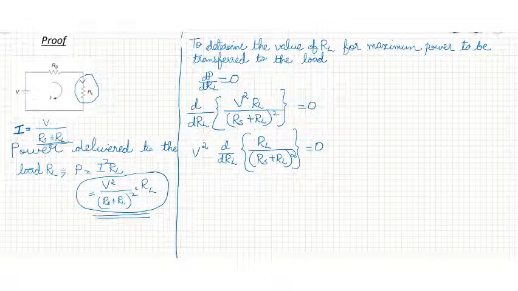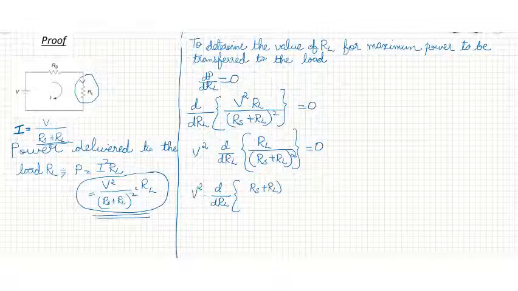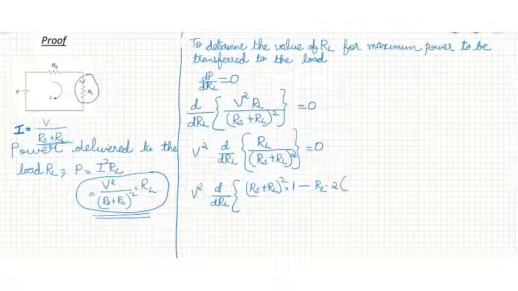Now we have to differentiate this term. V square into d by dRL of denominator into derivative of numerator minus numerator into derivative of denominator.